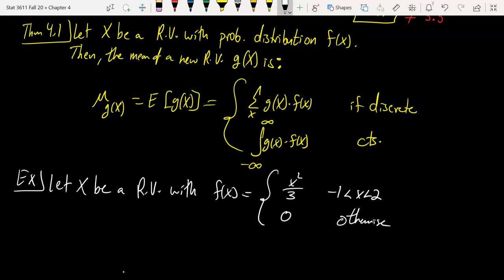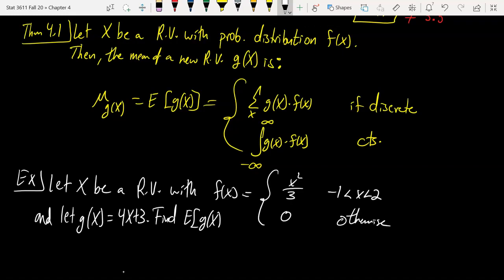So good, x squared over 3 there. And let g of x then equal 4x plus 3. Let's find the expected value of g of x.